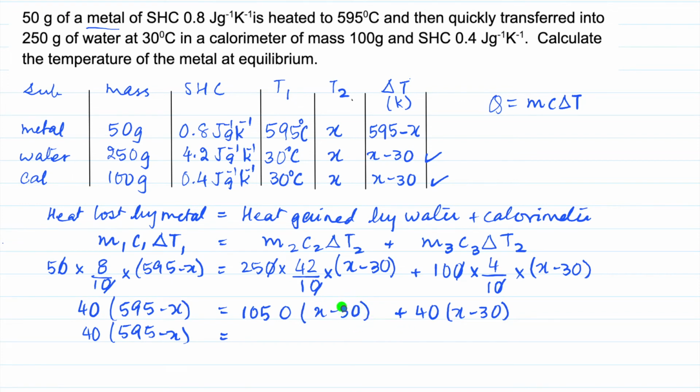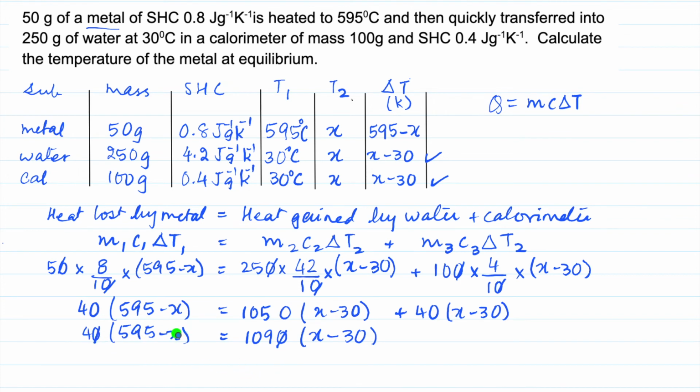So if I call this as m and this also as m, then 1050 m plus 40 m. Okay, so if you add this, 1050 plus 40 is 1090 times x minus 30. Alright, now you can divide the whole thing by 10, or you can just simply cancel this.